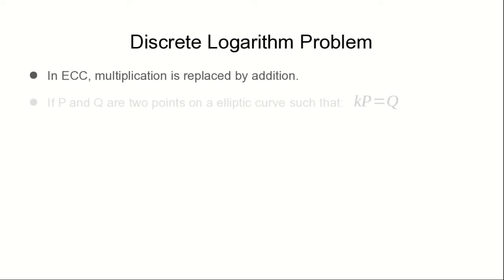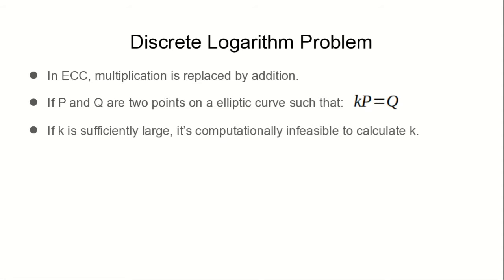In ECC, multiplication is replaced by addition, but it is still called discrete logarithm. If P and Q are two points on the elliptic curve such that k times P equals Q, if k is sufficiently large, it is computationally impossible to calculate k.